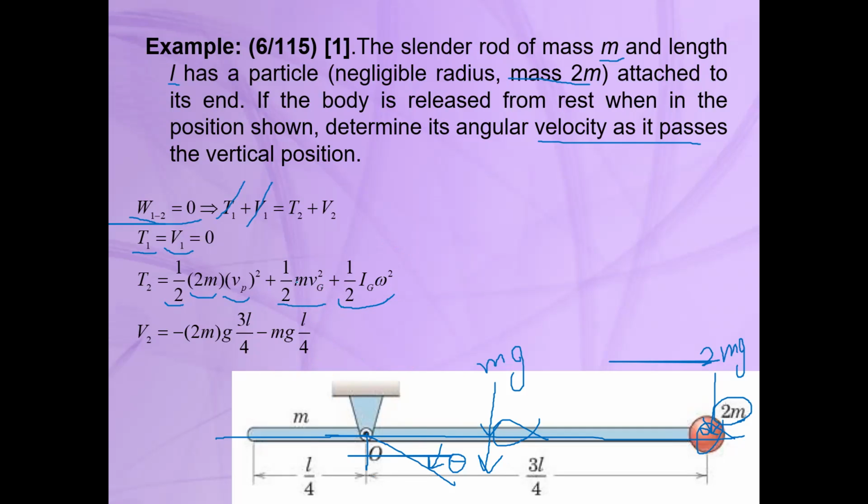Instead of m Vg squared plus Ig omega squared, we can write the kinetic energy about point O, because here we have pure rotational motion about point O. So we have half times I_O omega squared.